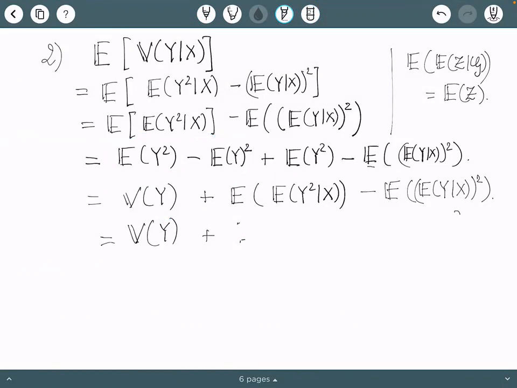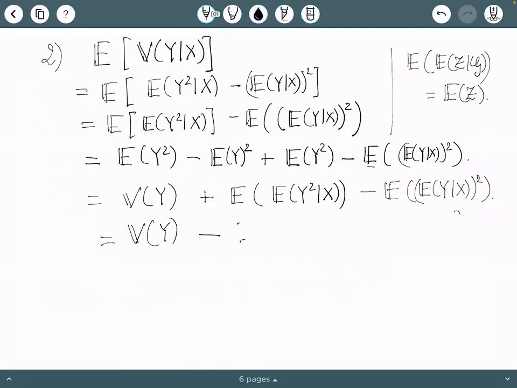Variance of y plus, but it's not the variance; it is the mathematical expectation of y given x. You mean this term here, which is not correct? Yes, the last term should be the variance of the expectation of y given x. Okay, I agree, you're right.